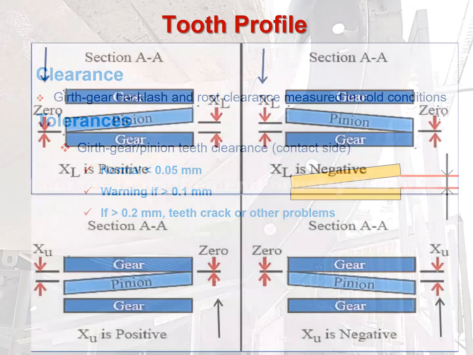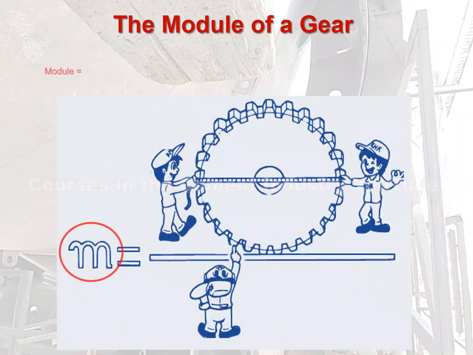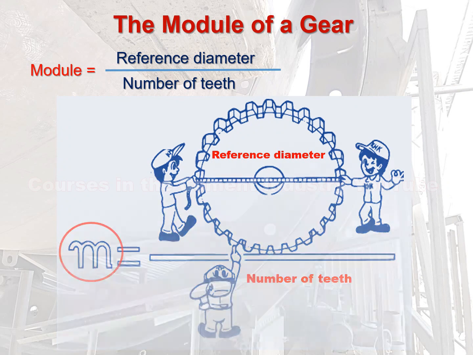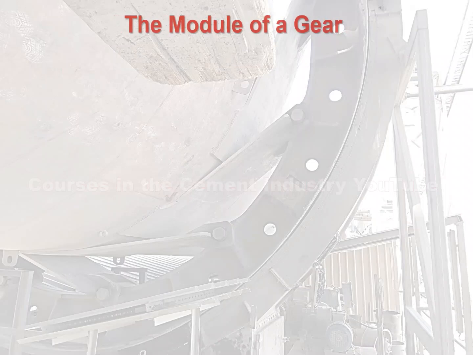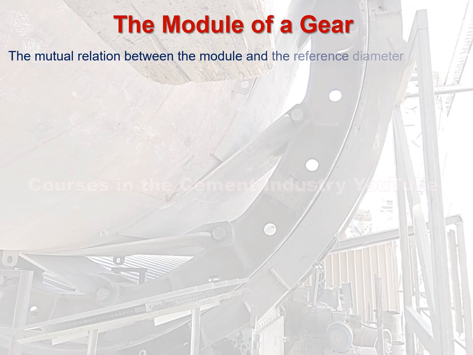See this picture. The module of a gear. Module equals reference diameter over number of teeth. The mutual relation between the module and the reference diameter, etc., is as follows.